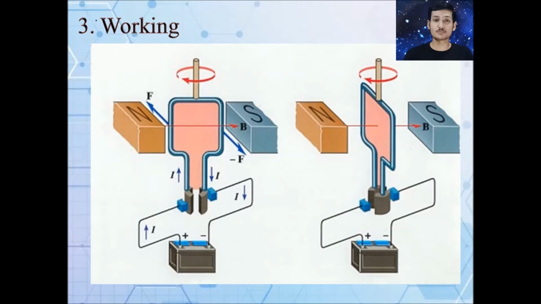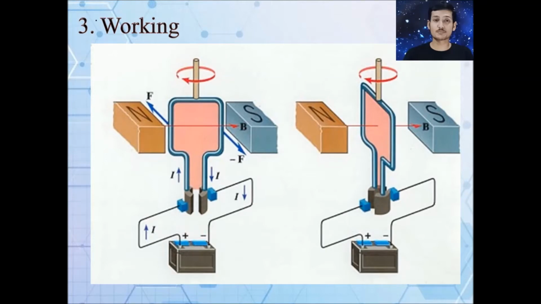If you take the other side of the coil, your armature, the current in this armature is in downward direction, but the magnetic field is from north to south. So if you see using Fleming's left hand rule, the force in this second segment, which is on your right hand side, is applied outwards, towards you.